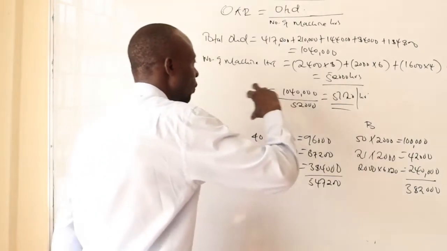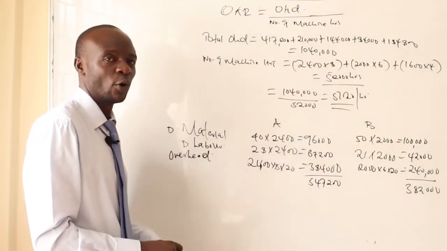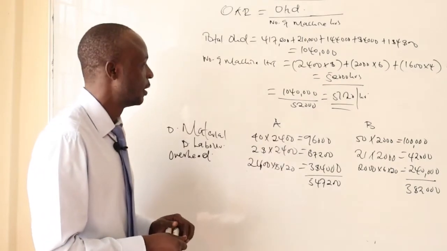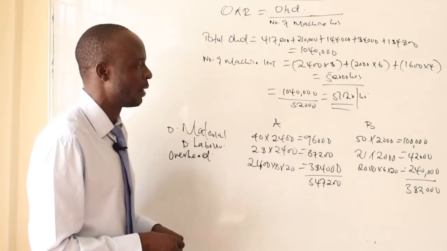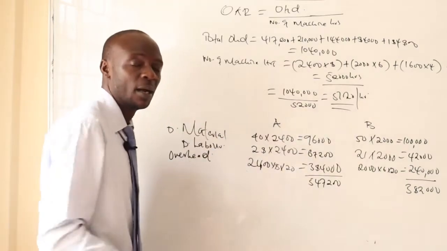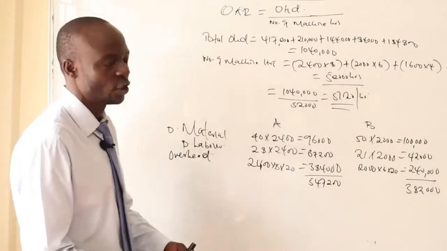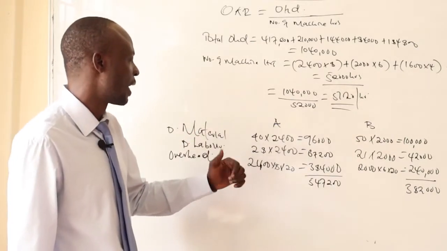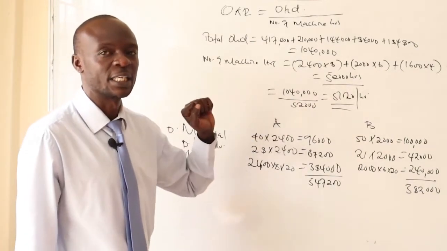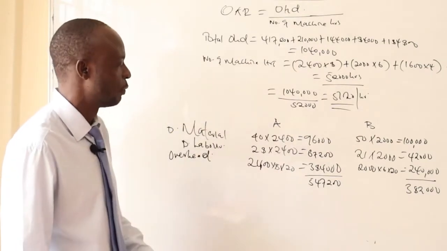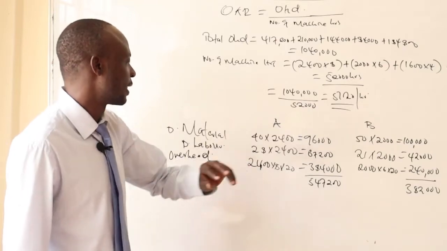You establish the total machine hours for all the products in question. When you get the total machine hours, you divide the overhead by that to get the rate per hour. Then overhead will be estimated: the total machine hours consumed in making a particular product, you multiply by that rate. So that is how we determine it.